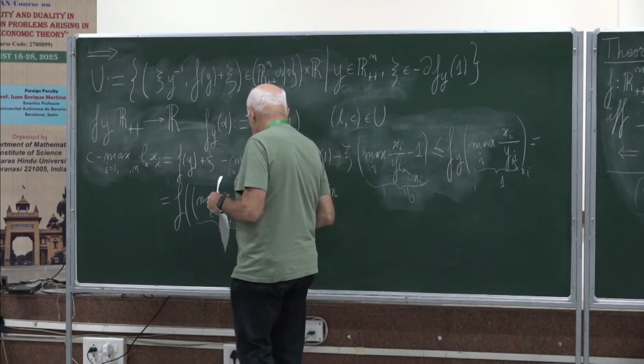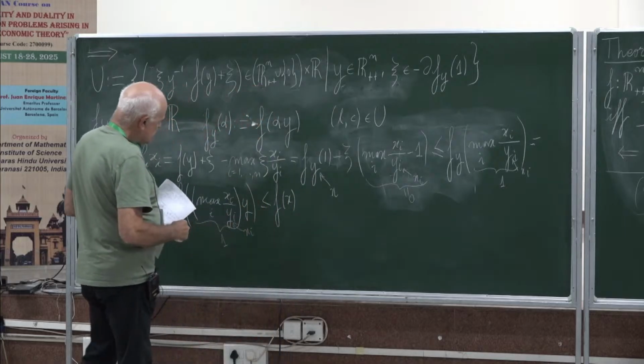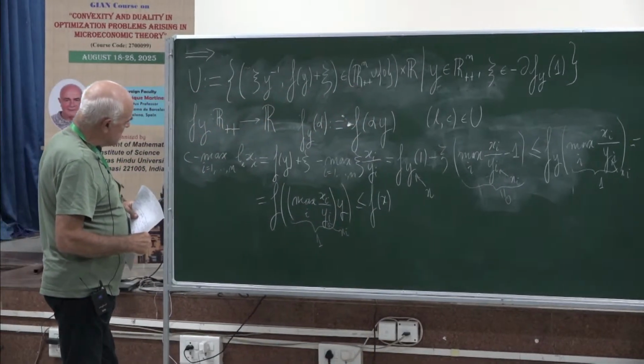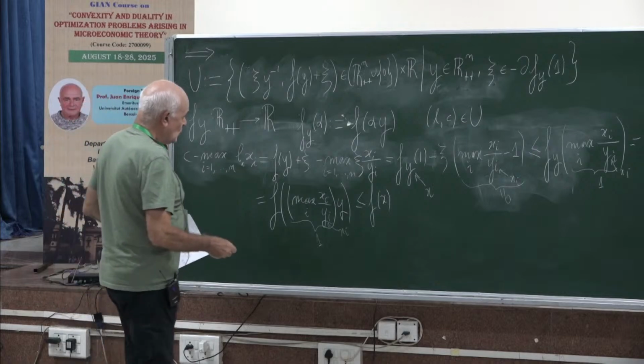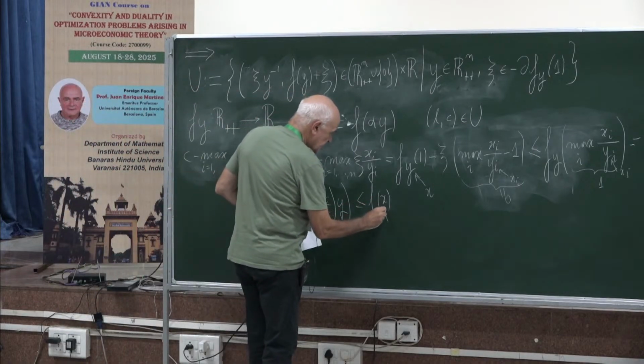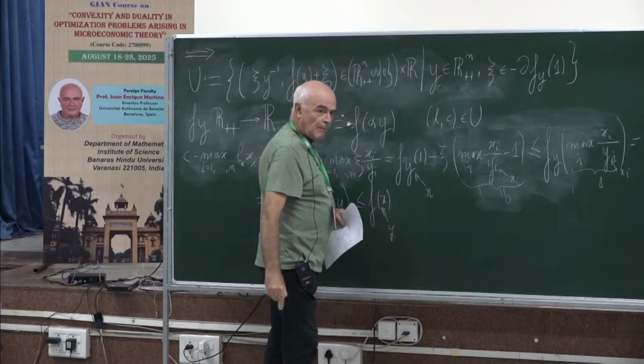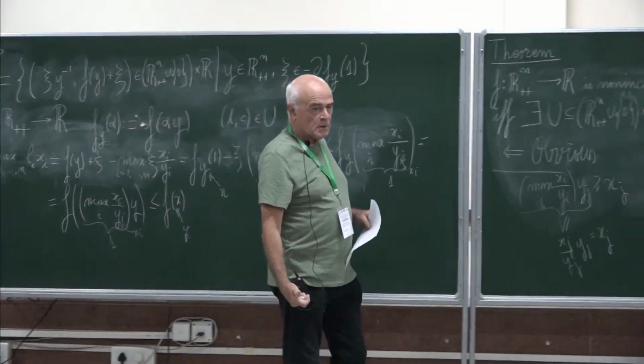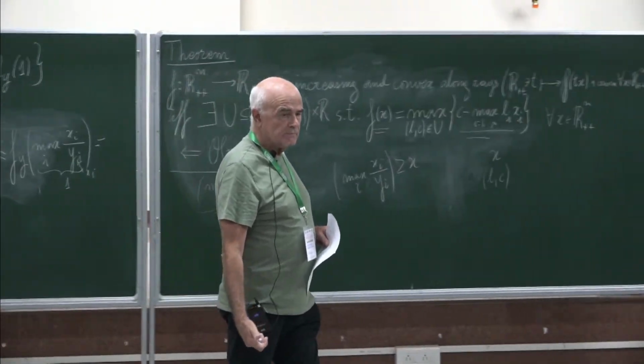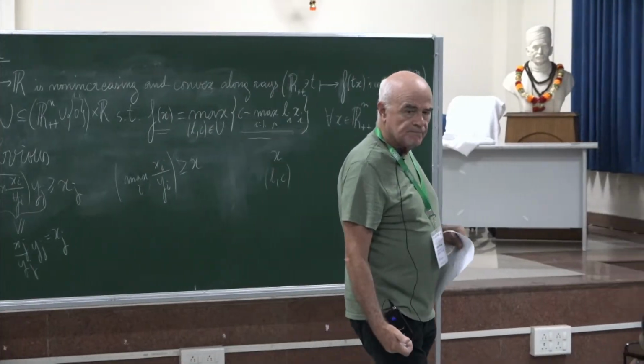and then I get, this is less than or equal to f of y, but y and x are exactly the same, because I have chosen y this way. Okay?